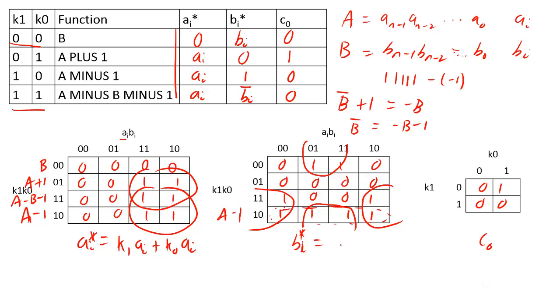That one's non-essential. And so this is going to be k0 prime b sub i, or k1 b sub i complement. And then c0 is equal to k1 prime k0. And we can build our circuit after that, and we'll be done.